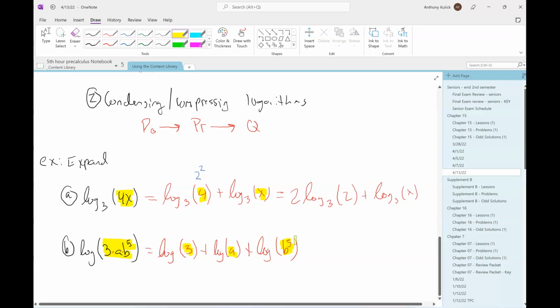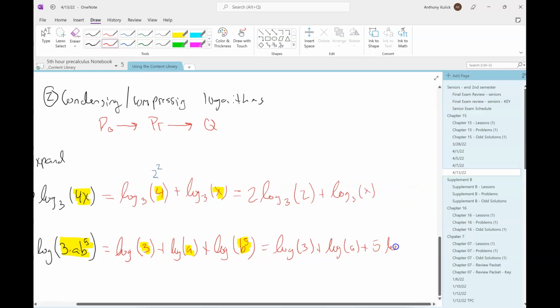b to the 5th: quotient property? Product property? Power property? Yeah. So we can do one more thing to that. How would we write that log of b to the 5th? The 5 becomes a coefficient.